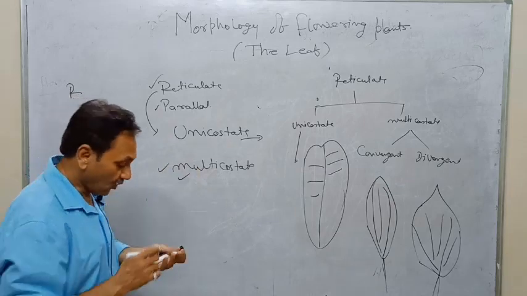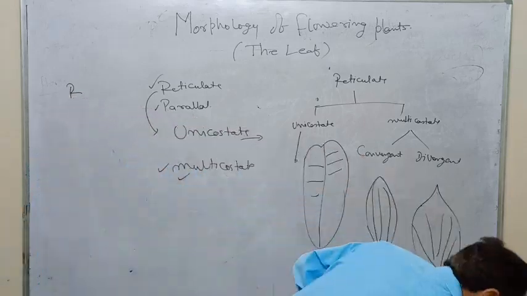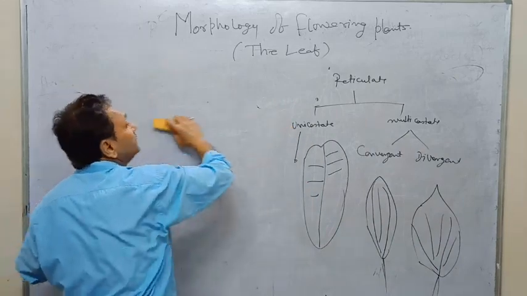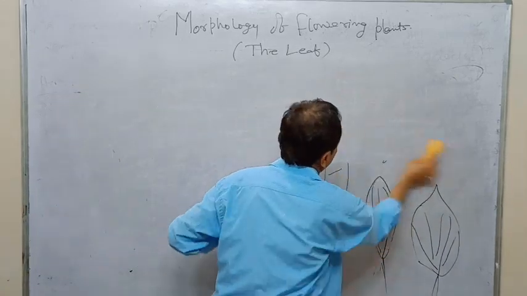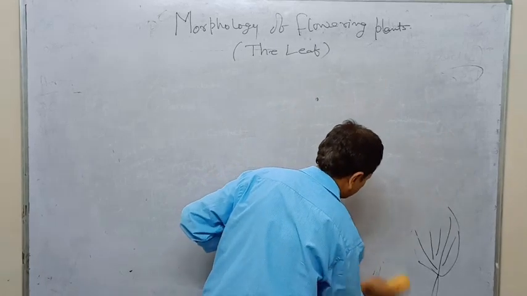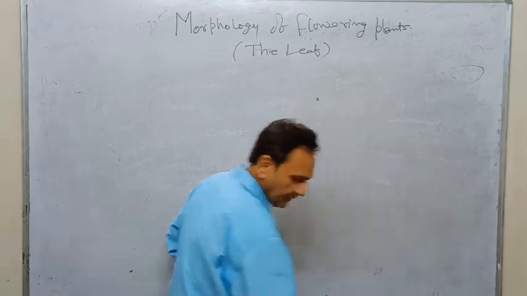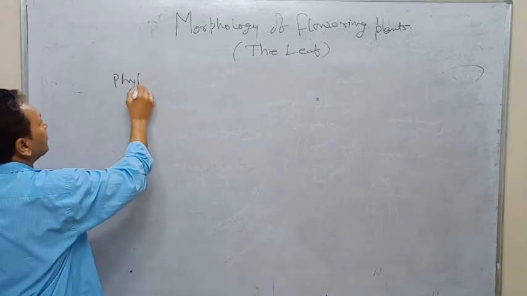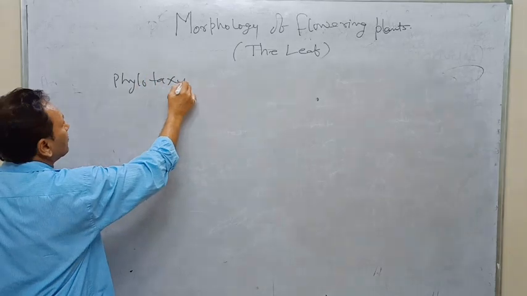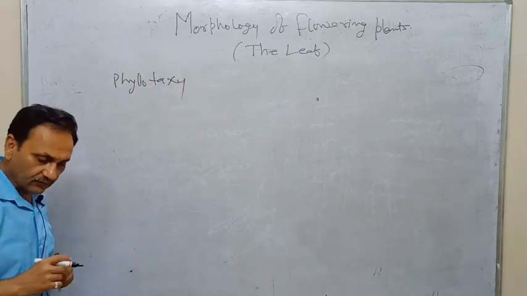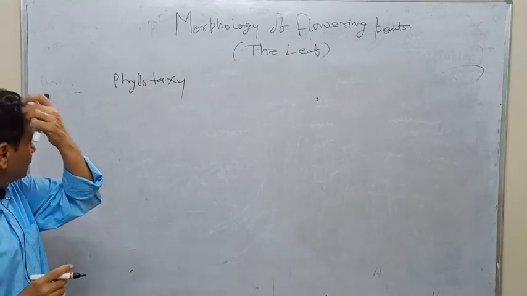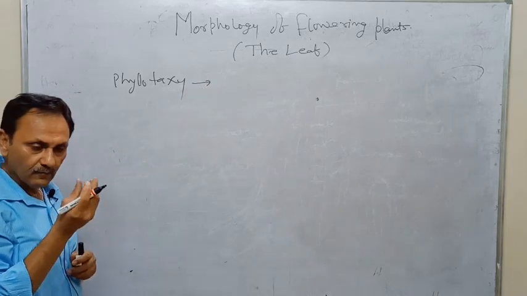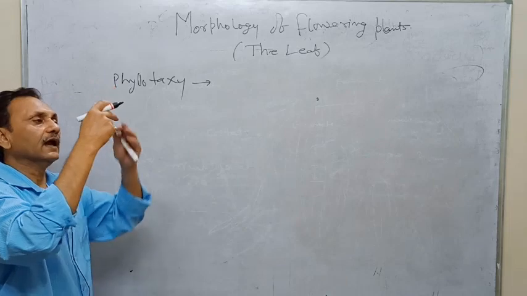Now, in addition to venation, we will have to discuss the phyllotaxy of the leaf. Phyllotaxy means the arrangement of leaves on the stem at the node.